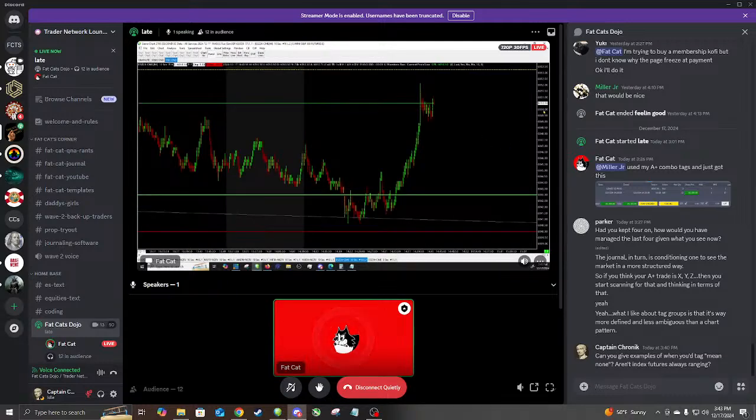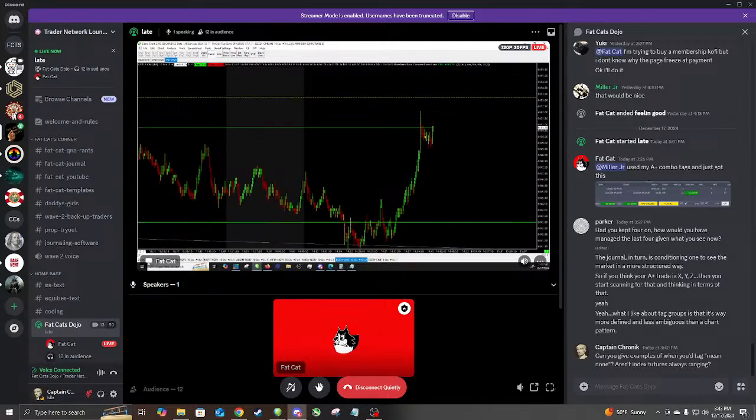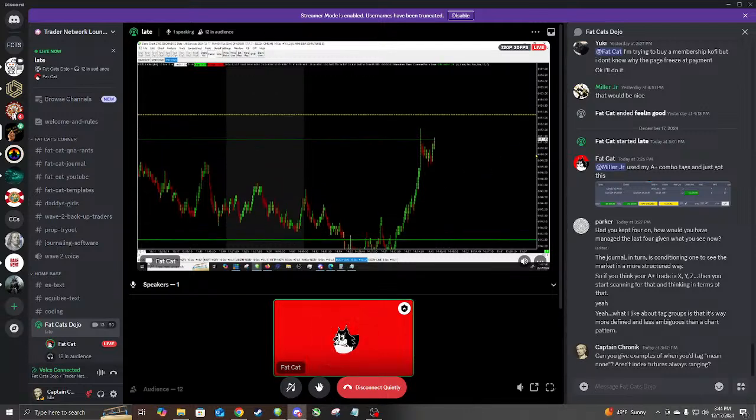There's no micro range here, so it's not always ranging. It's breaking, it broke out. Sometimes the price action doesn't even look like a range, you know? That's a none.